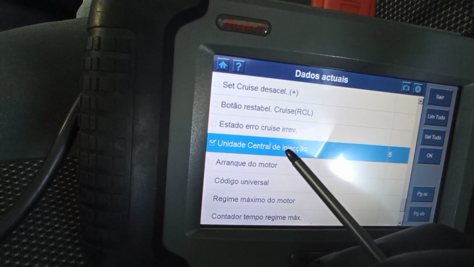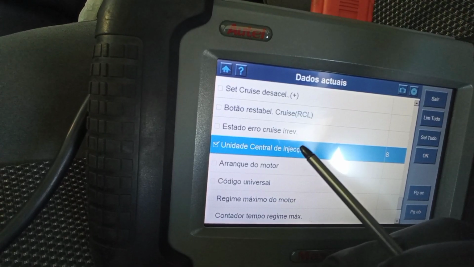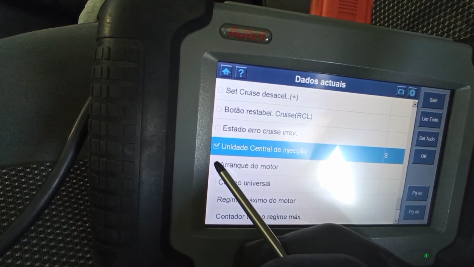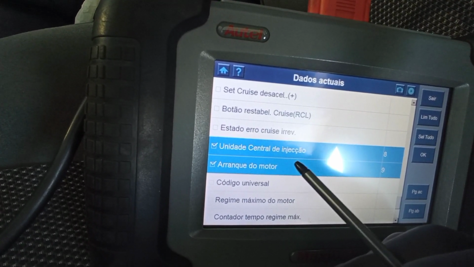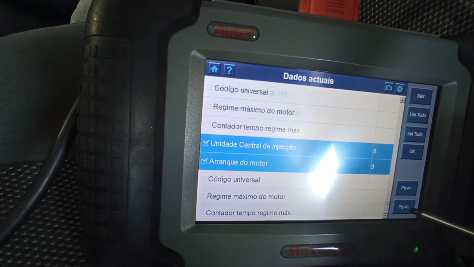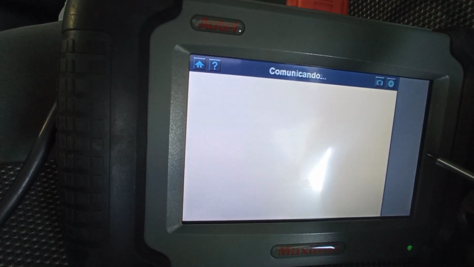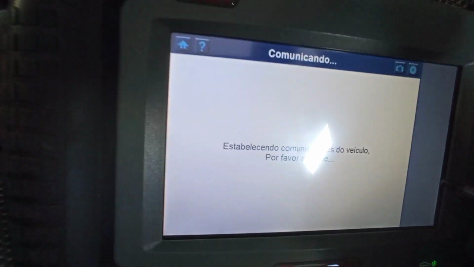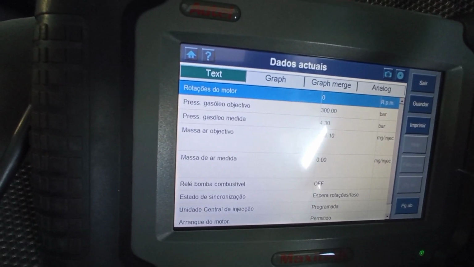This is the information that the control unit is coded with the transponder code, okay? And this one here is the information that the key that you are using is okay, is programmed. Now, I don't think I have any more things. Okay, now press OK. And now I will have only those pre-selected data.